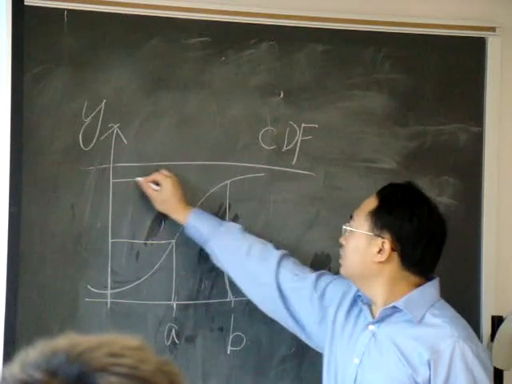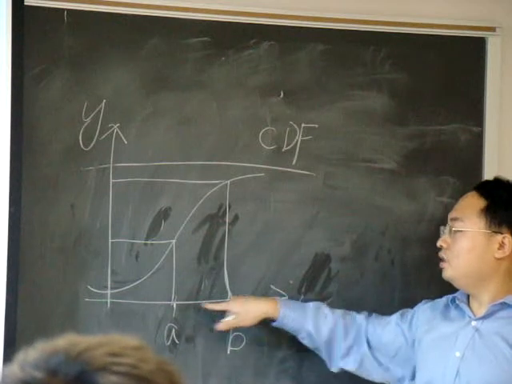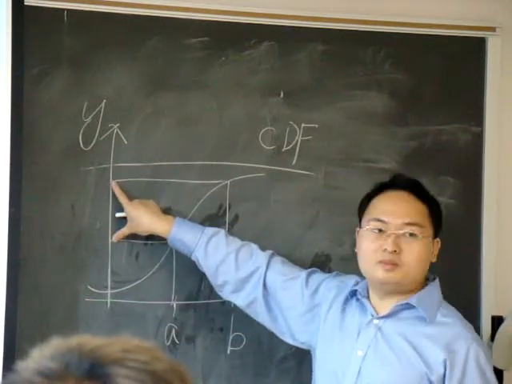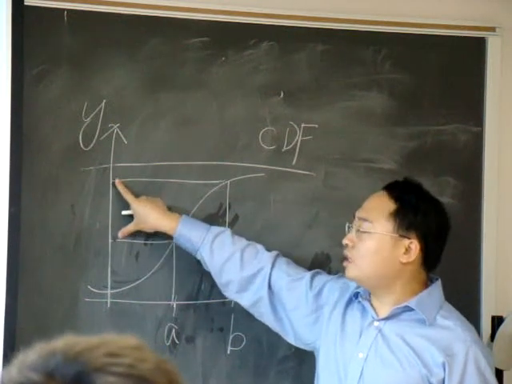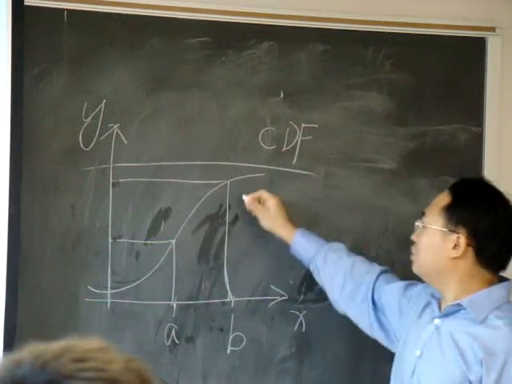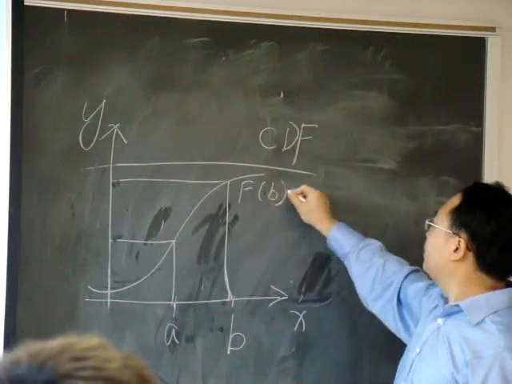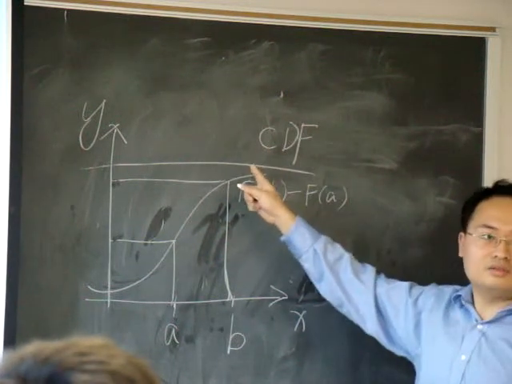When you get a number between these, you also get numbers between these, right? And the probability that you get numbers between these is equal to F(B) minus F(A). We use F to indicate the CDF, right?